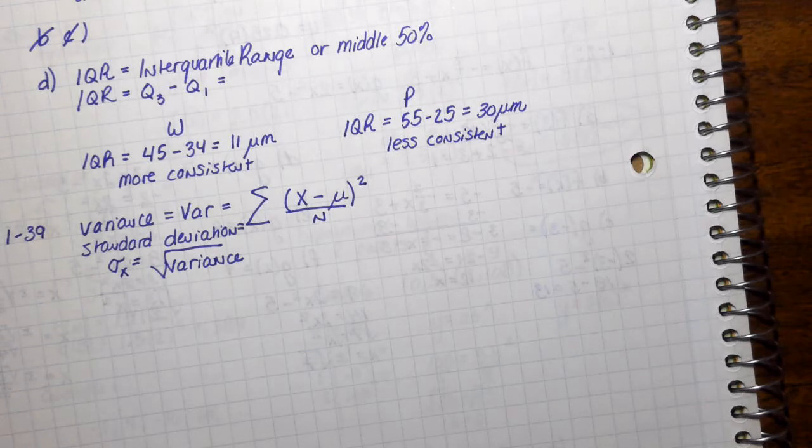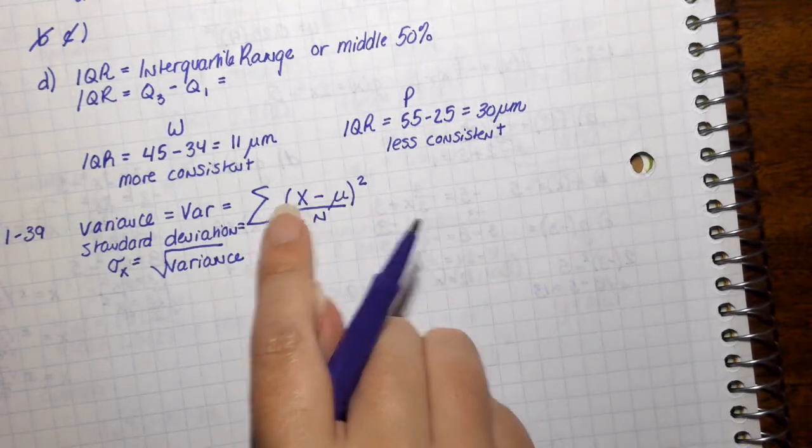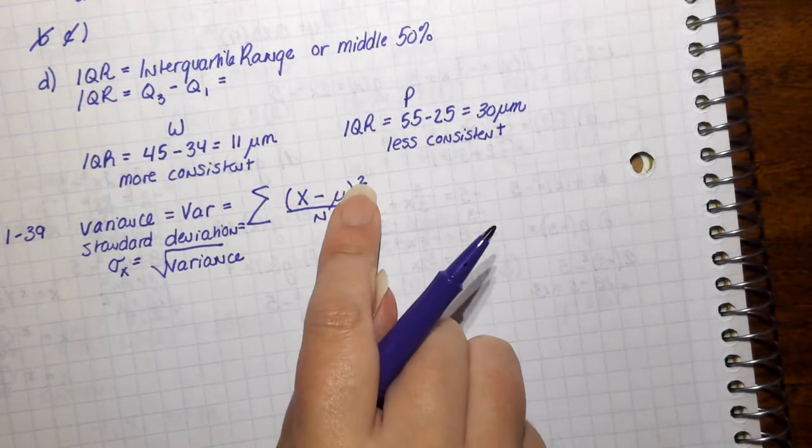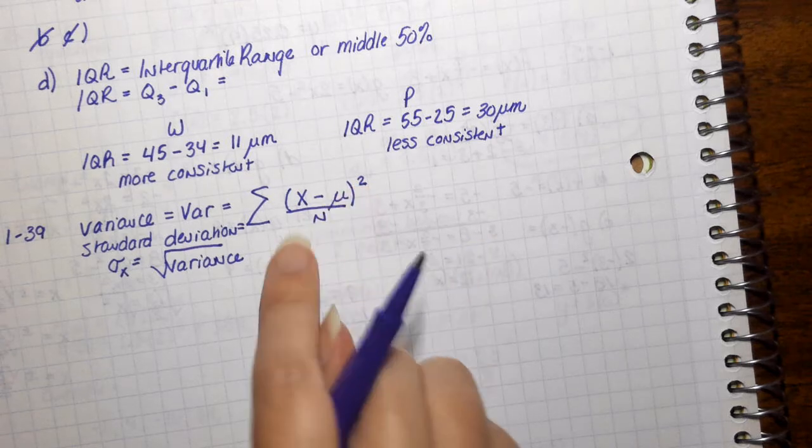Okay, the other thing it says is the standard deviation is simply the square root of the variance. What advantage is there in reporting the standard deviation instead of the variance? Well, the reason is because when you square the values, you're no longer in the same units.